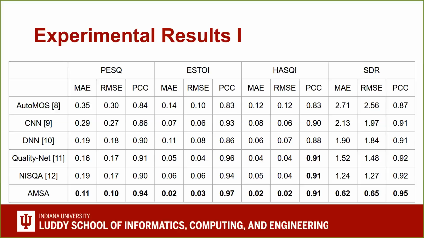As can be seen from the results in this table, our method outperforms AutoNoise, CNN, and DNN-based approaches in every score prediction task with a good margin. Compared to QualityNet and NISQA, AMSA still obtains noticeable performance gains.